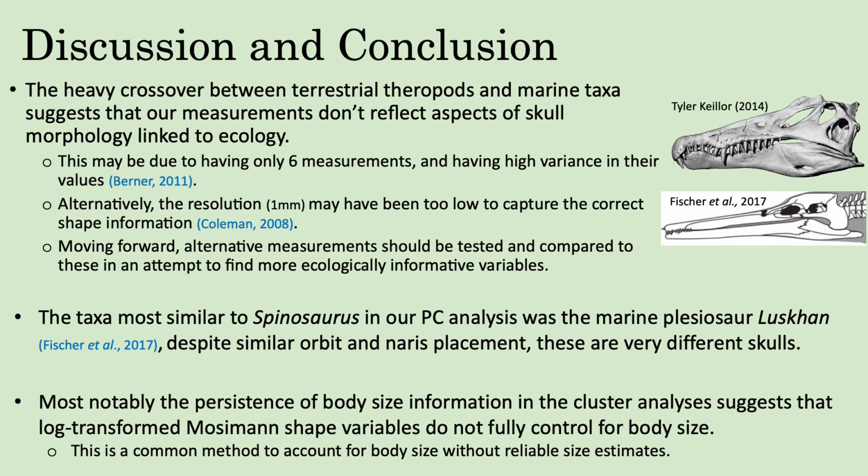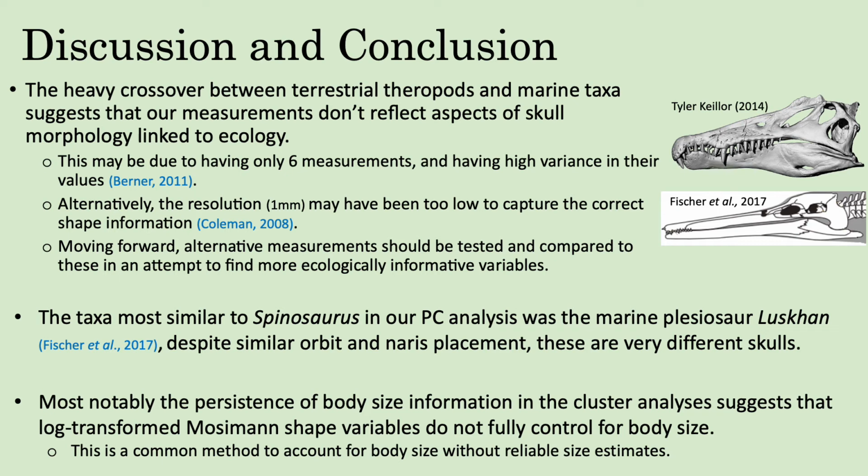The degree to which there was crossover between terrestrial theropods and the marine taxa suggests that the measurements we took were not very reflective of the aspects of the skull linked to ecology. This could have been for a number of reasons. We only took 6 measurements and they had very high variance. Some of the skulls were as short as 5 millimeters, others like Spinosaurus were over 1 meter long.